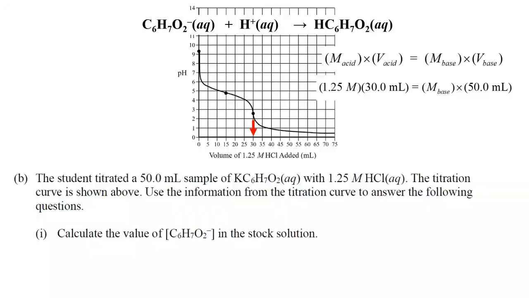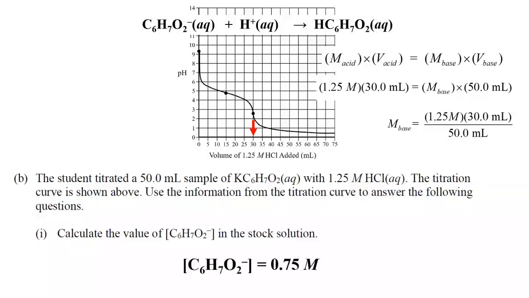So I can use 30 milliliters and 50 milliliters and still get the same answer. I don't have to use my units in liters. So if I solve for the molarity of the base, it would be 1.25 times 30 divided by 50. And when I do that math, I get the same answer that I mentioned earlier, which is that the concentration of the sorbate ion in the stock solution is 0.75 moles per liter.